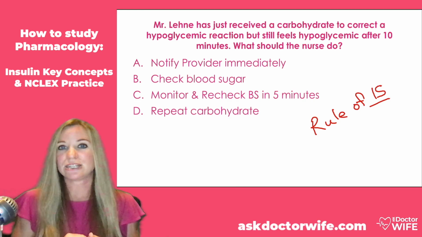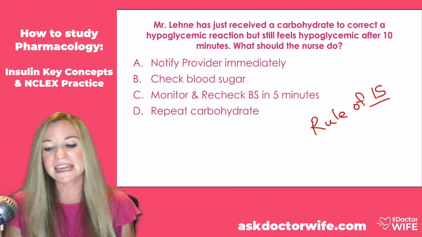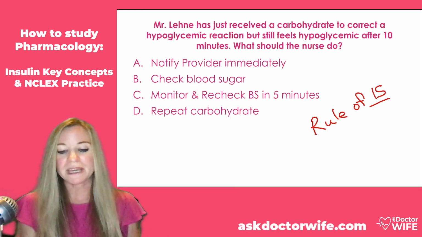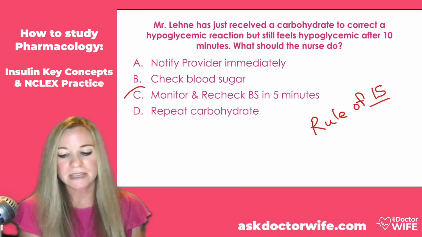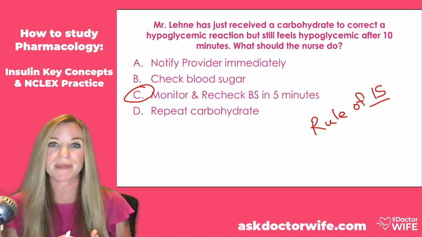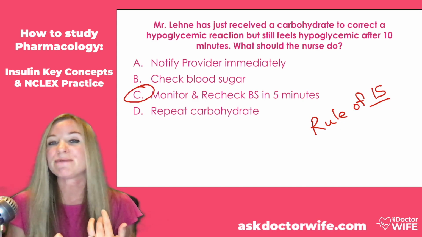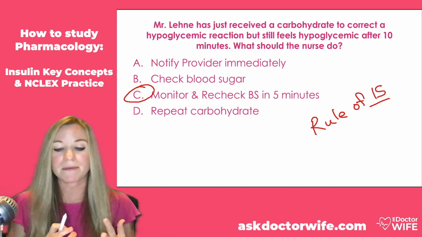So in this situation, the best choice, the NCLEX choice, would be to monitor and recheck the blood sugar in 5 minutes. So let me explain this a little bit better. So after 10 minutes, the blood sugar is still coming up.